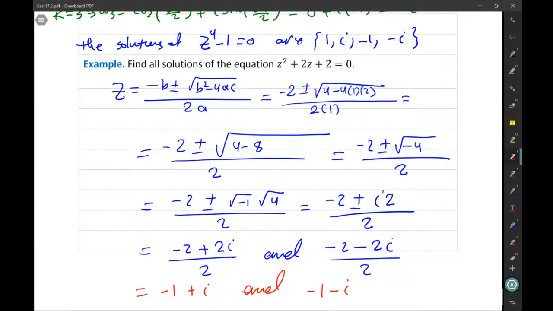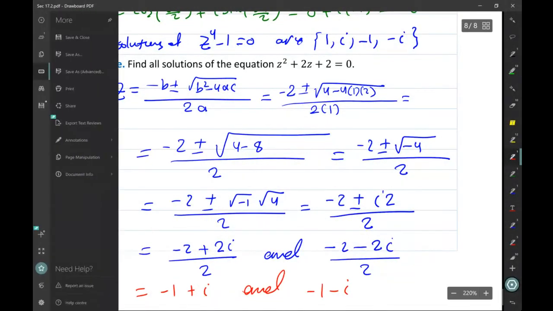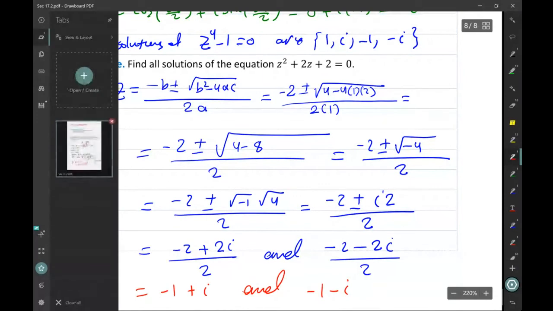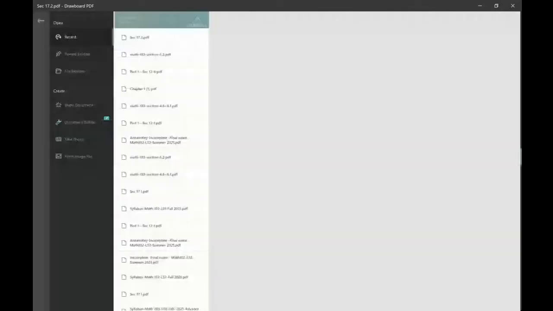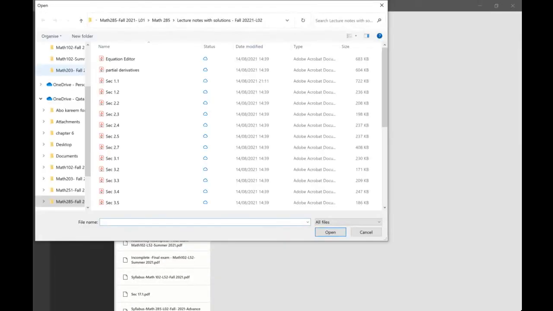Section 17.2 is already done. Now we will go to section 17.3, as far as I know.